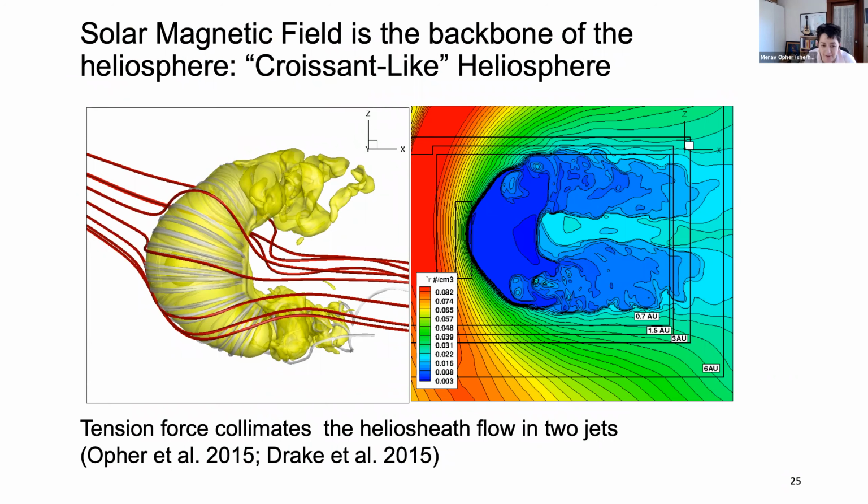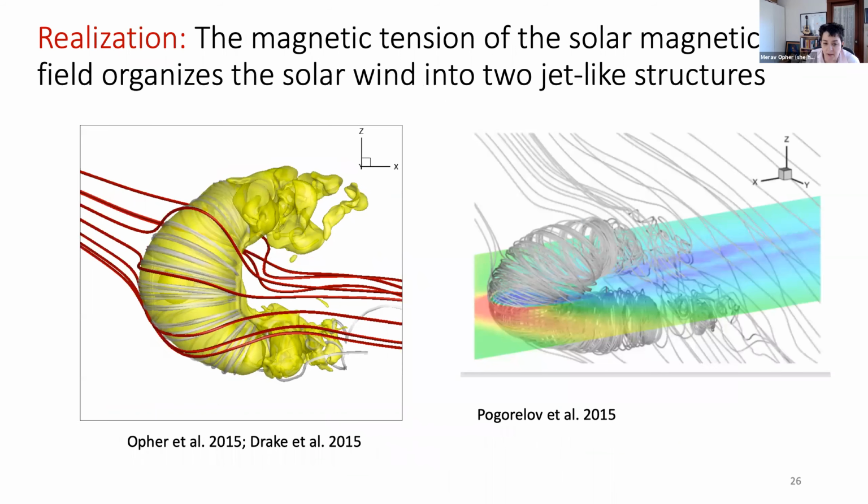This discovery actually came about in a fluke. When we were doing numerical simulations, I noticed it, and then I did a back-of-the-envelope calculation, and I realized the magnetic field cannot be ignored because it's comparable to the flows. What we discovered, and other groups' simulations agree, is that the solar magnetic field has a very funny slinky geometry.